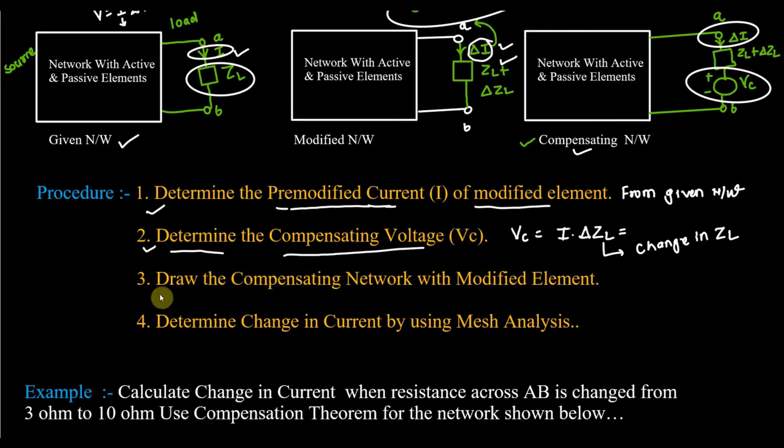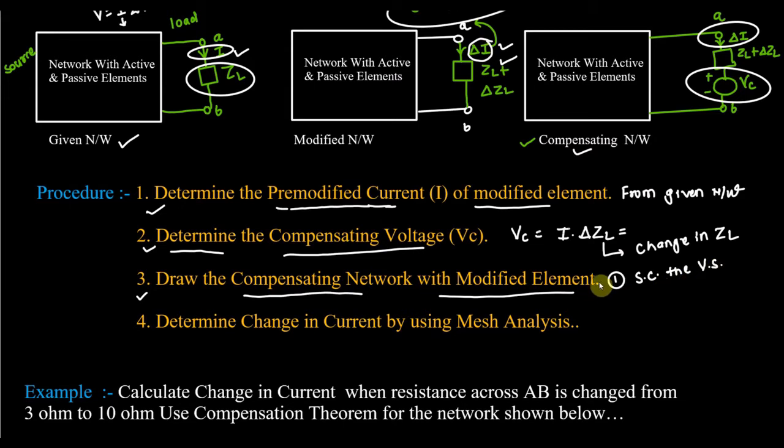Now what is the third step? The third step is that you have to draw the compensating network with the modified element. I have told you how to draw it. For that, you have to insert one compensating voltage source in series with the modified element. So when you draw a compensating network, there are basically three steps. What is the first step? Short circuit the voltage source. Most of the time we have the voltage source.